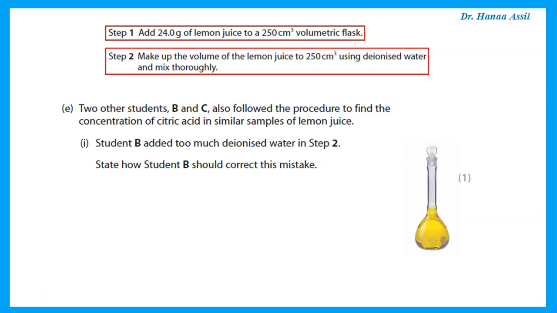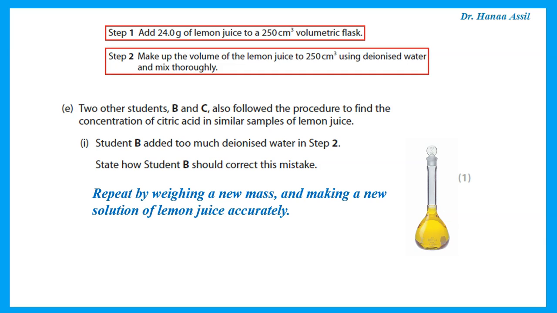We need to state how the student should correct this mistake. Well, they should just start all over again. Throw this out, wash the volumetric flask, weigh a new mass of the lemon juice, make a new solution by adding the water to the correct mark so that we have an accurate volume.